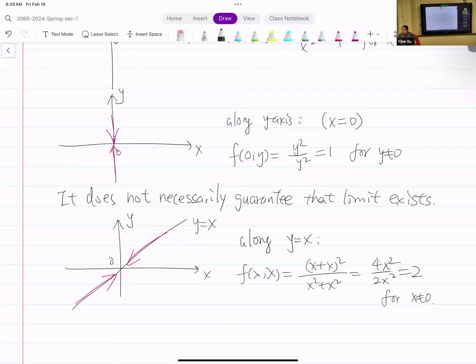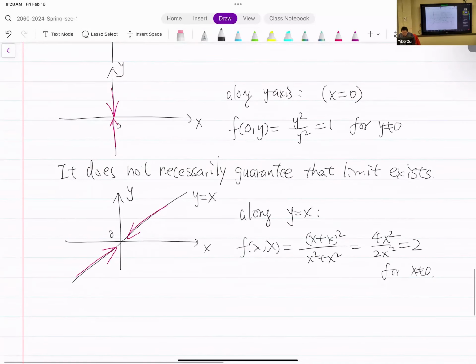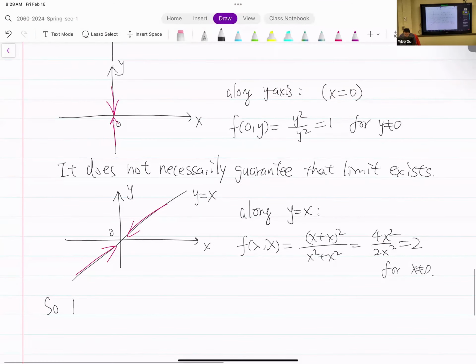Making sense? Any questions? Okay, now if it's all good, then we can conclude what we wanted. We have a 2 that's different from the previous ones that we got. So the limit to the origin does not exist for this function.